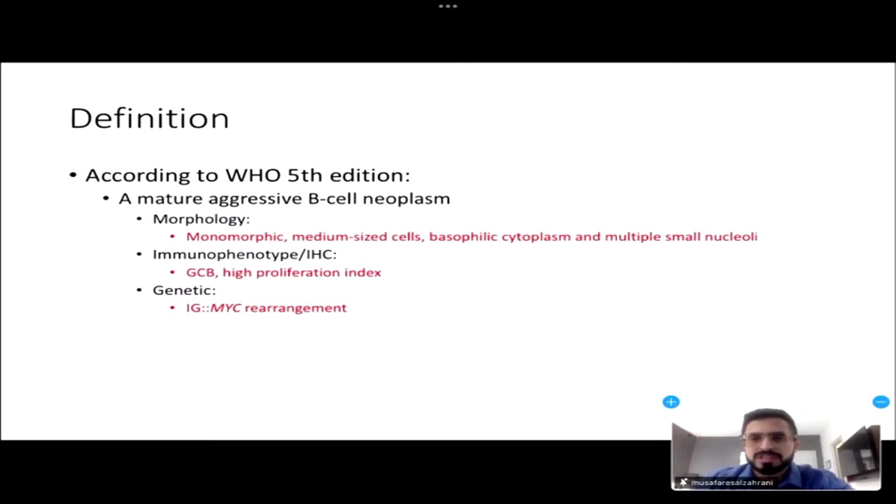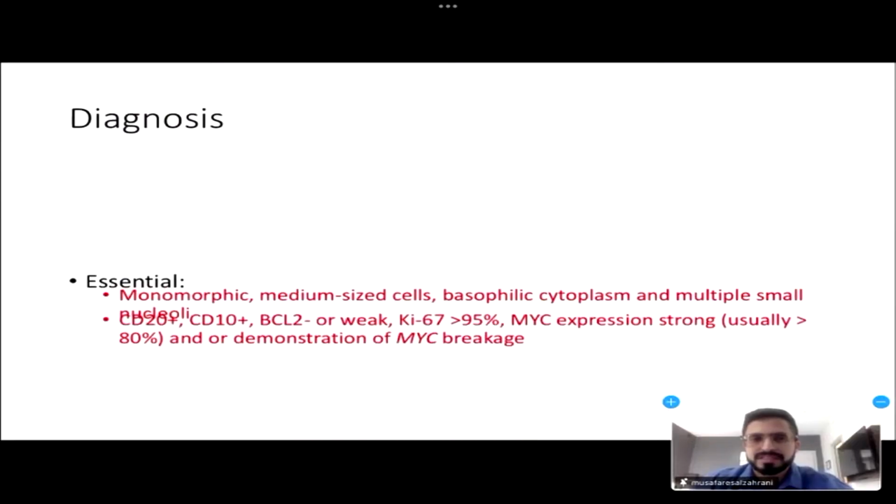And morphologically, typically these cells have a monomorphic morphology with medium-sized cells, basophilic cytoplasm, and multiple small nucleoli, and immunohistochemistry showing that these cells are of germinal center origin with CD10 positivity and a very high proliferative index.